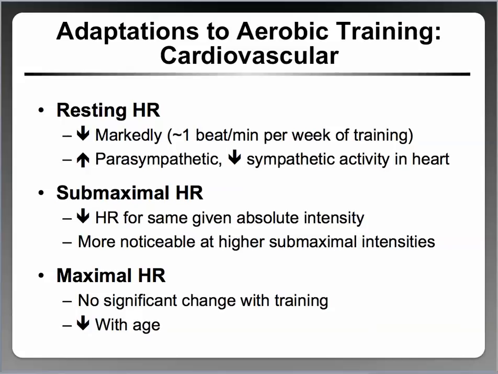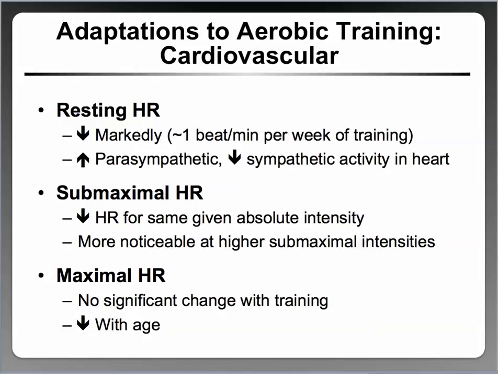There isn't a well-defined or well-known mechanism for this. It's thought that what's happening is an increase in parasympathetic action, or parasympathetic tone, or parasympathetic influence, and this is your kind of housekeeping part of the nervous system.